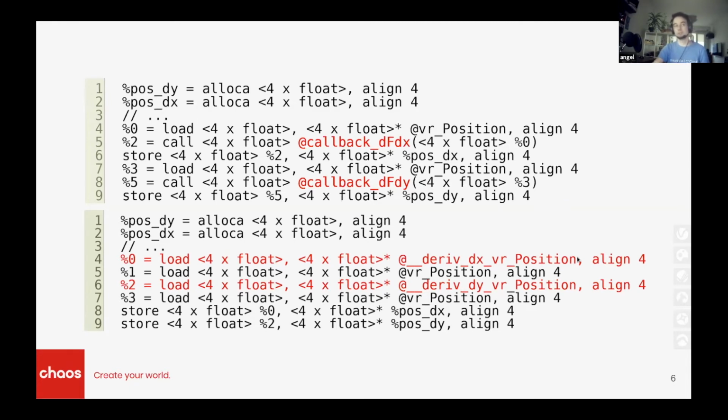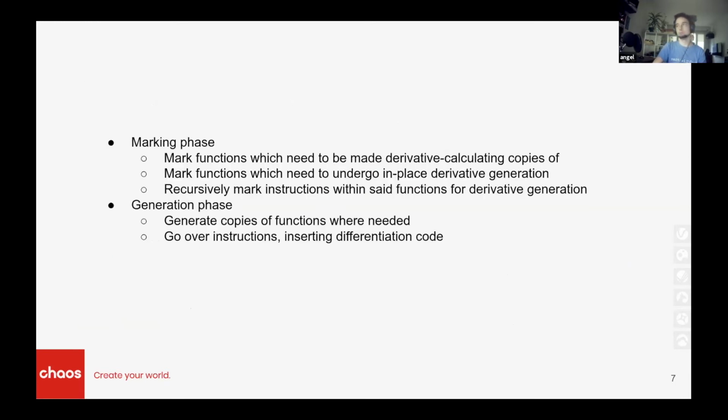So the environment is populated with known derivatives of different global variables, which are known before executing the shader. So this differentiation pass works in the following two phases.